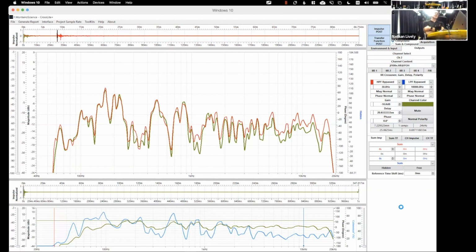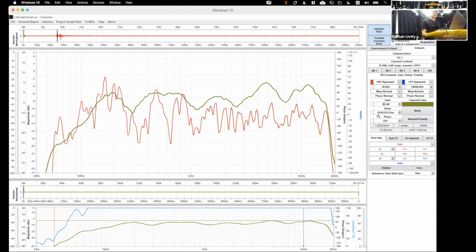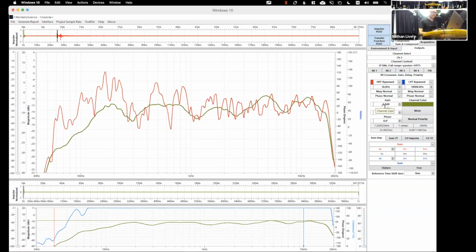Another thing that's helpful about this is not only seeing through the noise and looking at the phase response and anything else, but we can also see how the room is contributing to this. So I did these measurements very close in, right? And if we make the high end match a little bit up here, then we can see, oh, this is interesting.